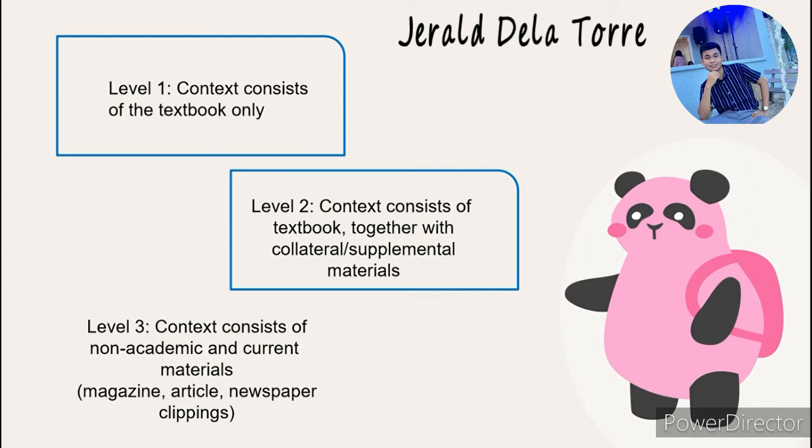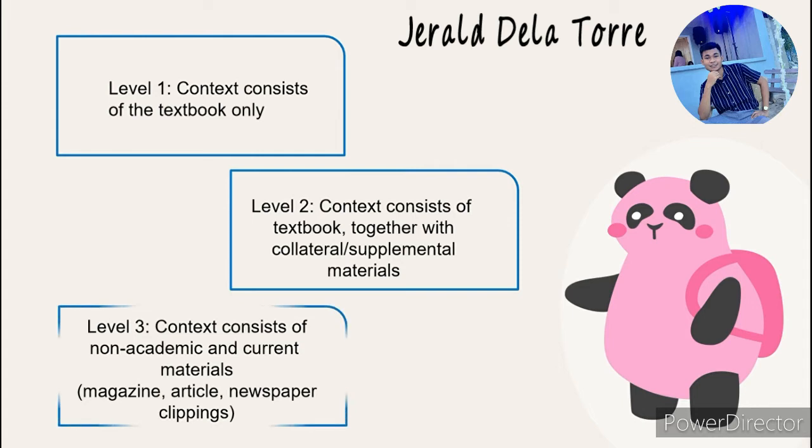The discussion is no longer confined to the lesson from the basic text, but broadened to include establishing connections or relations from outside readings. This level provides opportunities for more extensive readings.